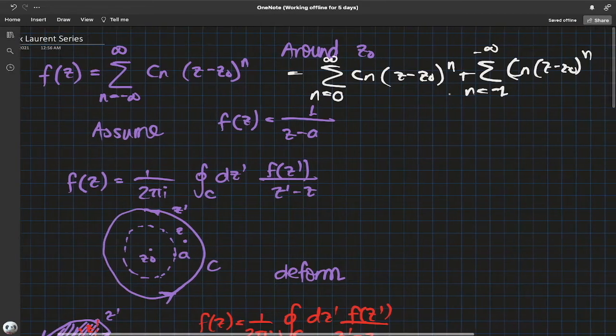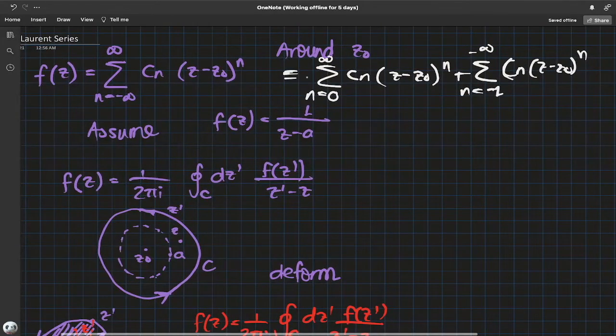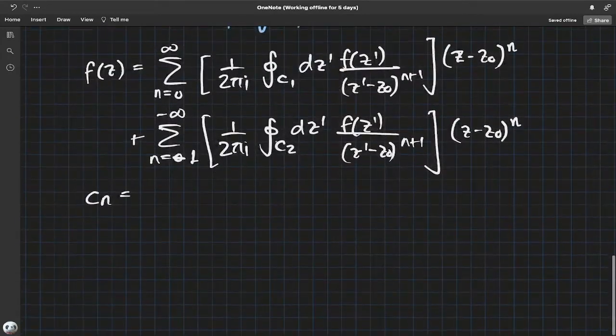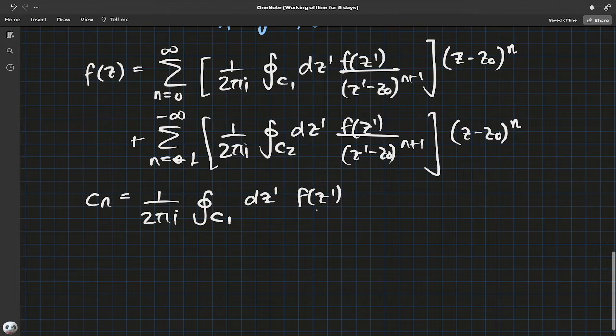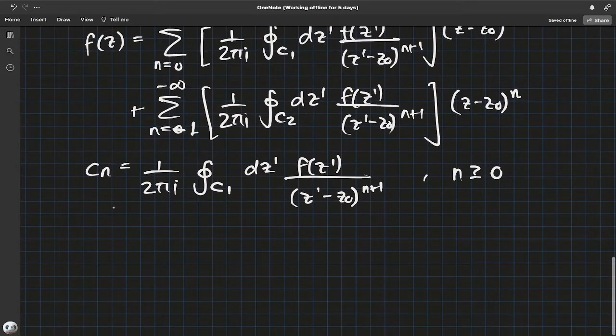You can compare the forms, this form and this form, and compare the coefficients. You get C sub n equals 1 over 2 pi i, contour integral over C1 dz' f(z') over (z' minus z naught) to the n plus 1, for n greater than or equal to 0, the positive semi-definite case to be precise.